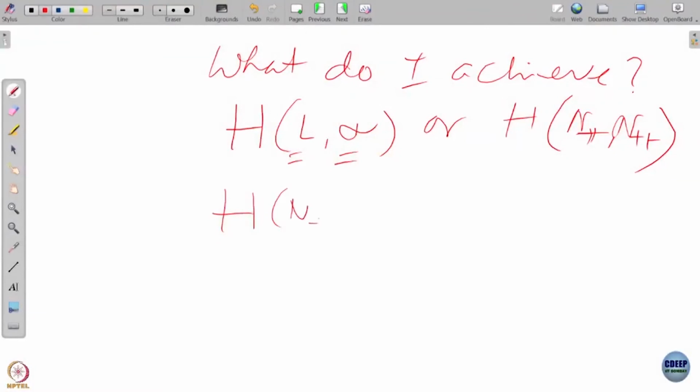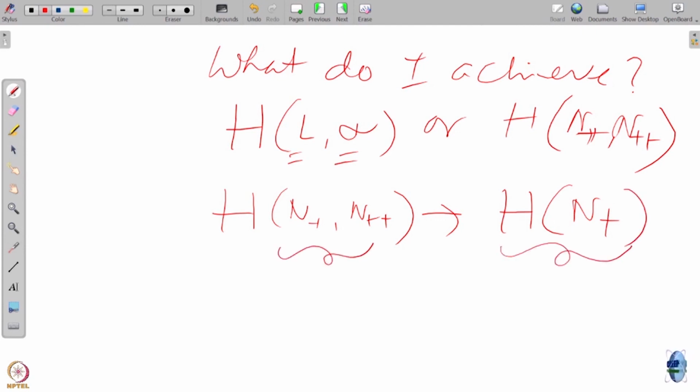Probabilistically I can argue that n plus plus is given by n plus. So by one logic I have eliminated one more variable. Once I eliminated n plus plus, I go back to the Hamiltonian in terms of n plus and n plus plus, and I get the Hamiltonian in terms of n plus only. Then what do I gain after making the approximation?